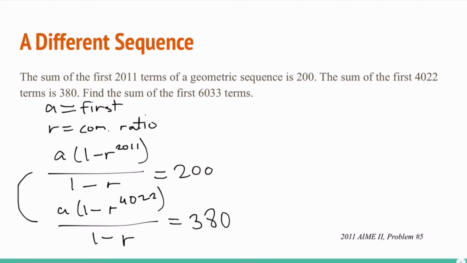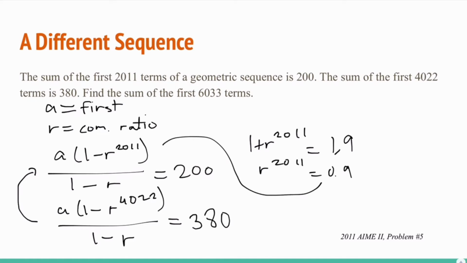Dividing this by this, we get 1 plus r to the 2011 equals 1.9, or r to the 2011 equals 0.9. Plugging this value back into this equation, we get a divided by 1 minus r equals 2000.